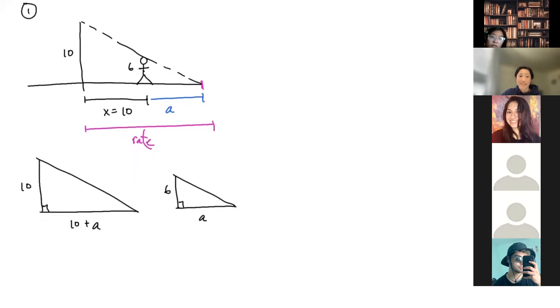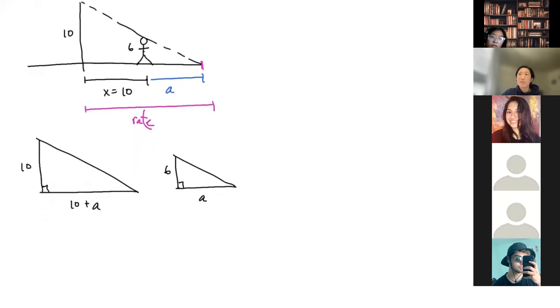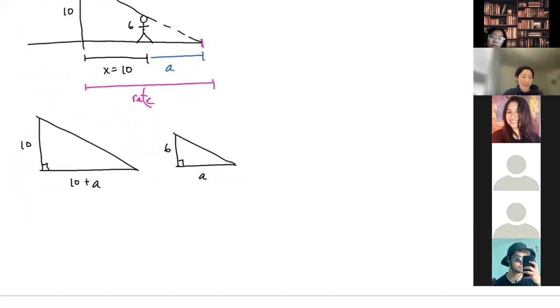Okay. So now I know that these are similar triangles. I can set up a ratio. In fact, I can say 6 over 10, this is the 6 over the corresponding side, which is 10. All right. And I'm actually going to go back and change one thing.